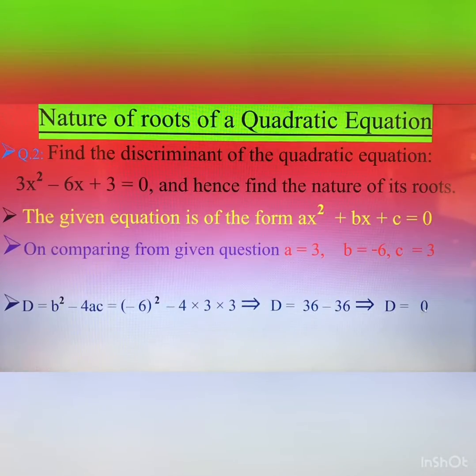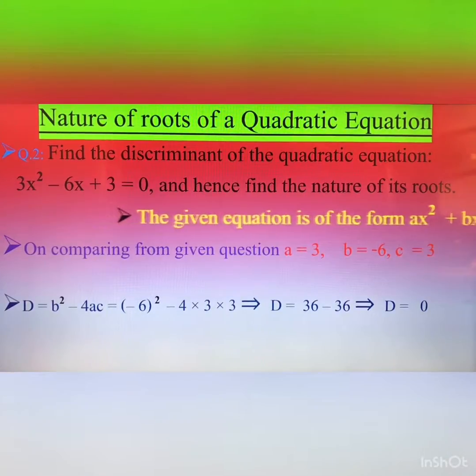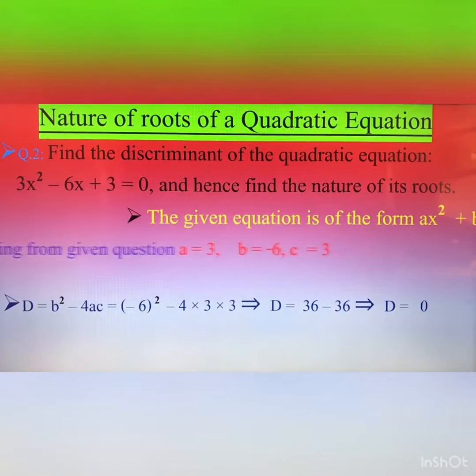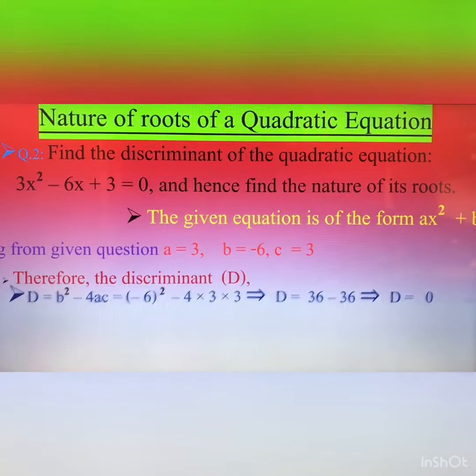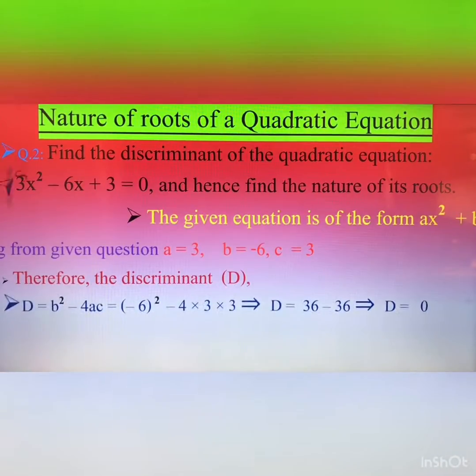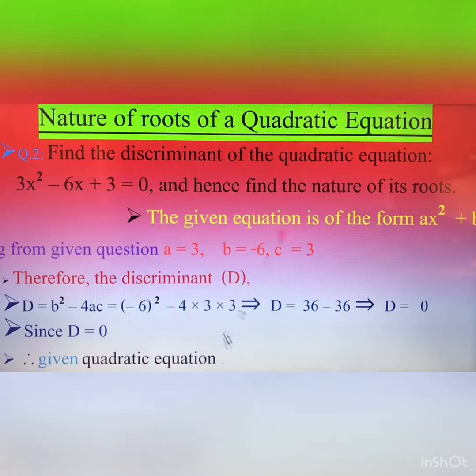When you get D equal to 0, the nature of the roots is that both roots are equal and real. So you will get two same roots, that is equal roots, for this quadratic equation, two equal and real roots.